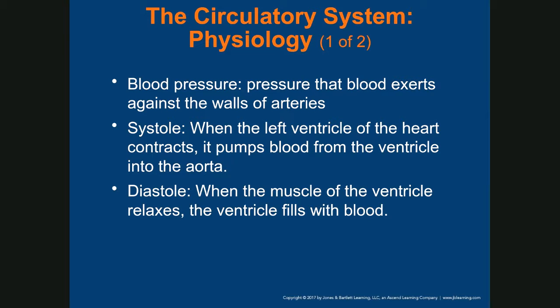So we need an adequate blood pressure, right? And that is influenced by the contraction and relaxation of the ventricles and how much blood is entering the ventricles and how fast the heart is pumping.